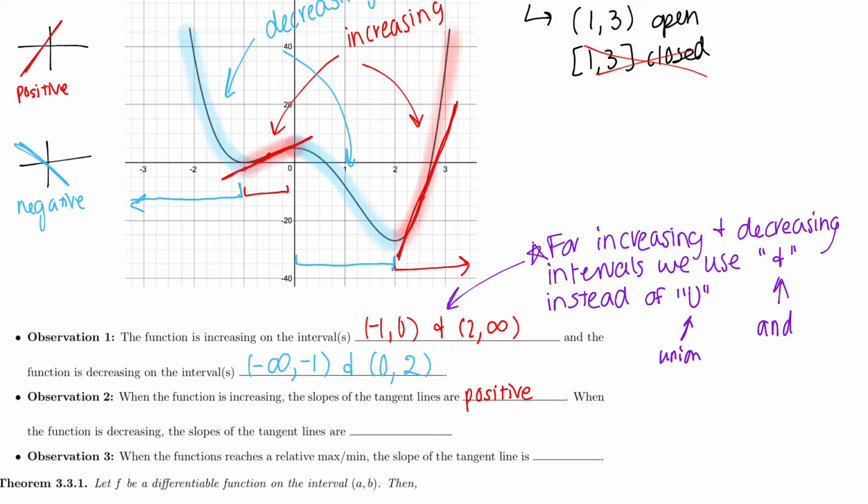So when the function is increasing, the slopes of the tangent lines are positive. But when the function is decreasing, if you were to draw any of these tangent lines, any place that you draw a tangent line on a decreasing portion, those slopes are negative. The slopes of those tangent lines are negative.